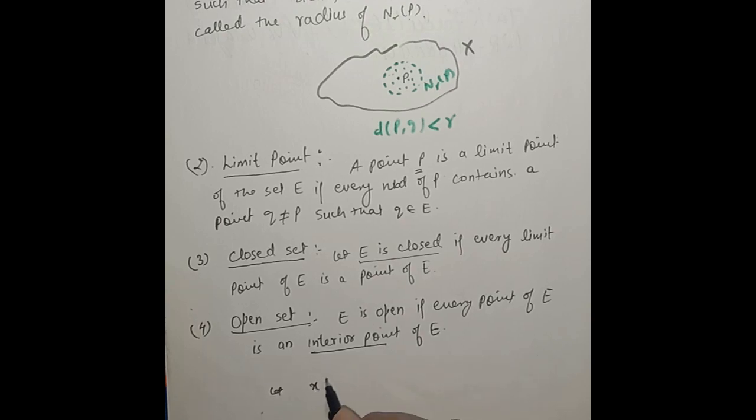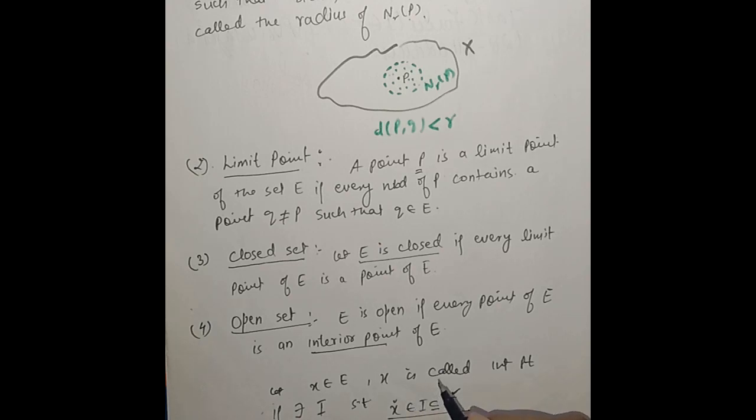Let X belong to E, then X is called an interior point if there exists an open interval I such that X is contained in I, which is contained in E. Then X is called the interior point of E.